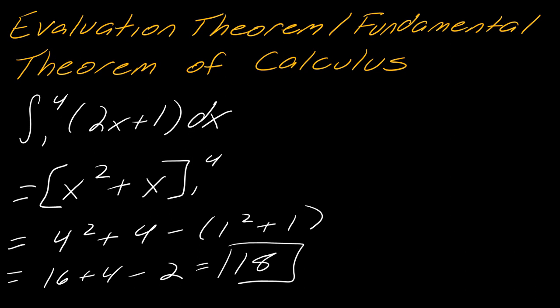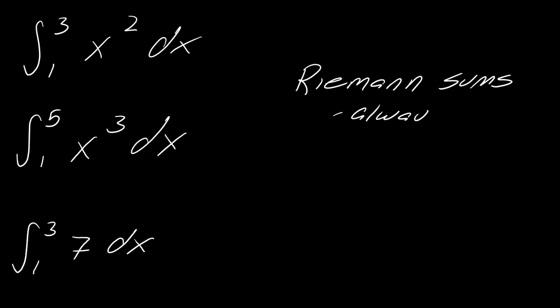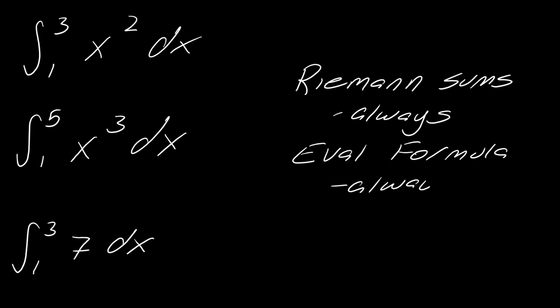Now, I promised at the end of the video I would discuss really briefly when you can use this. Just as an FYI, the Riemann sums you can always use. Also, your definite integrals, using your evaluation formula, we'll call this the eval formula, you can always use this too.